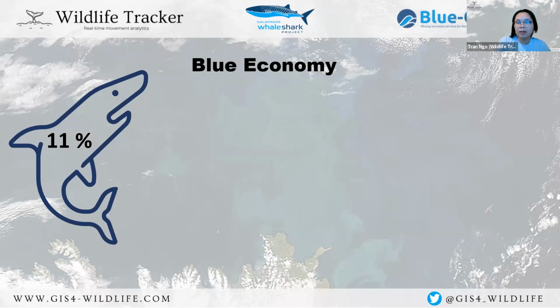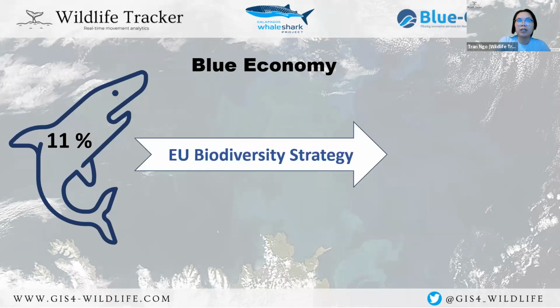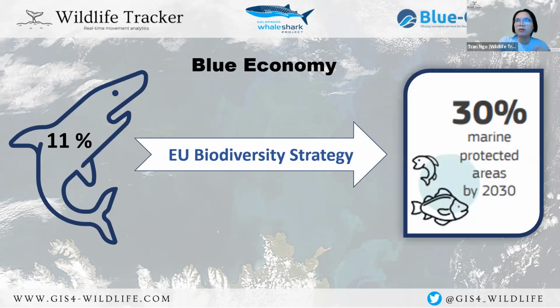Nowadays, the marine protected areas only account for 11% of the ocean coverage. According to the European Biodiversity Strategy for the Sustainable Blue Economy Development, the marine protected area should expand to 30% by 2030. So these are targets. However, how can we reach this?